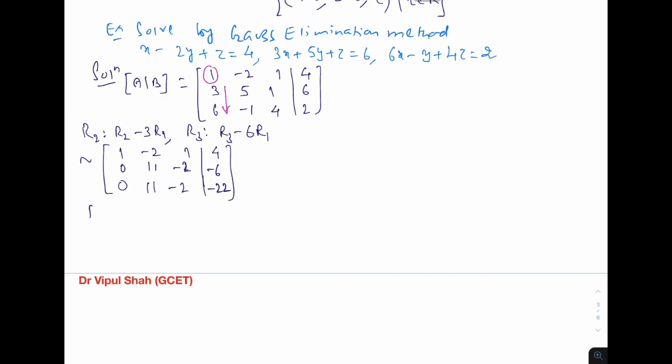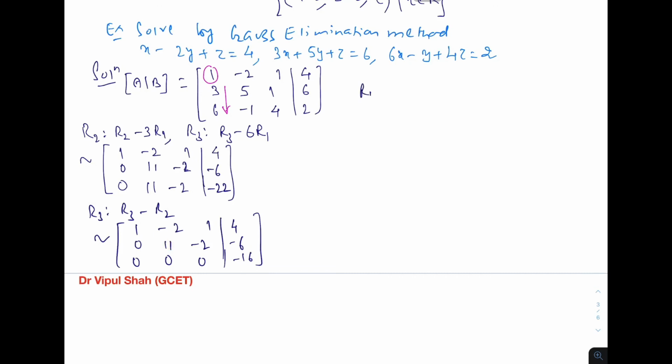So what we do here is R3 minus R2, and so we have 1 minus 2 1 4, 0 11 minus 2 minus 6, this is 0 0 0, and R3 minus R2, so this is plus 6 minus 22, so that is minus 16.